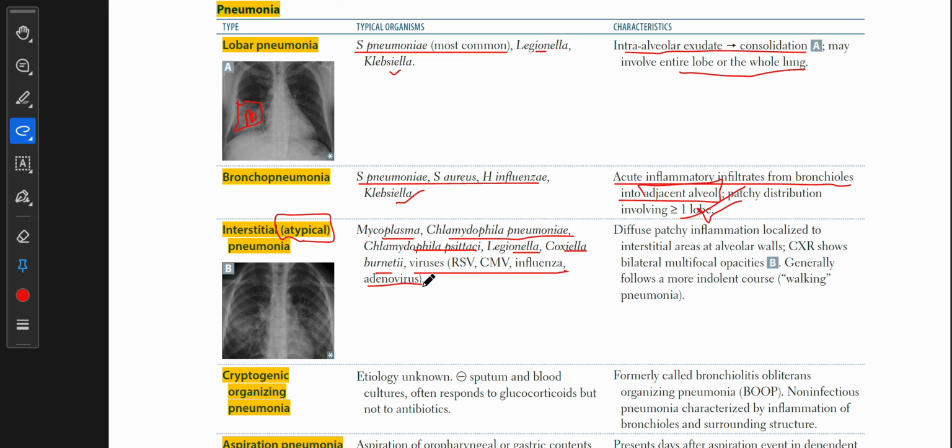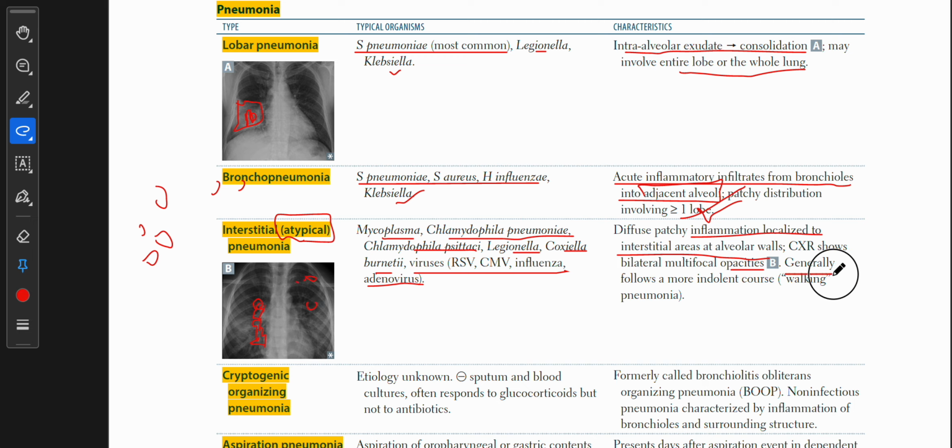There is diffuse patchy inflammation localized to interstitial areas at the alveolar walls. Here you can see they are diffuse, patchy inflammations, right? Chest X-ray shows bilateral multifocal opacities, like this opacity, this opacity, this opacity. This is multifocal, and it occurs bilaterally. Here you can see these opacities, right?